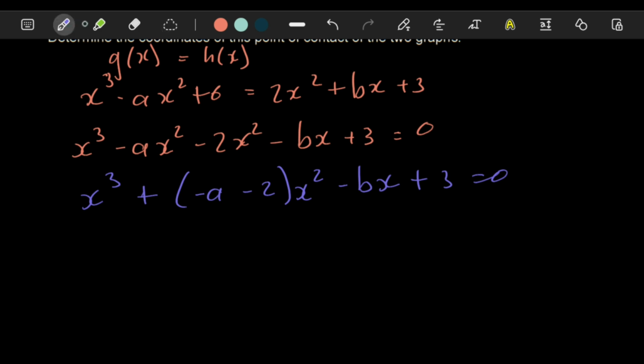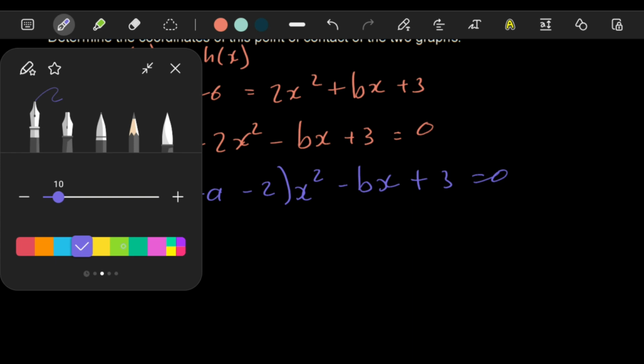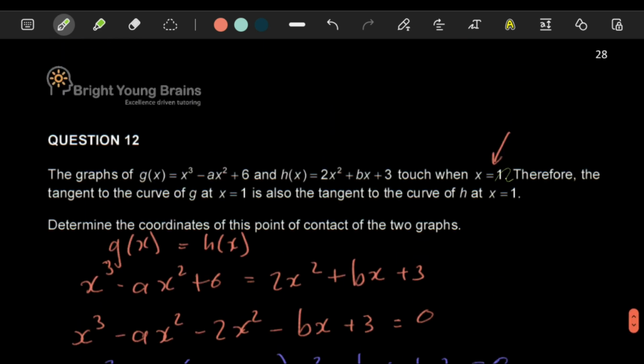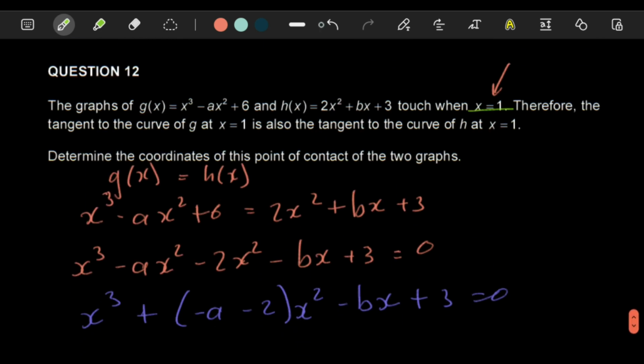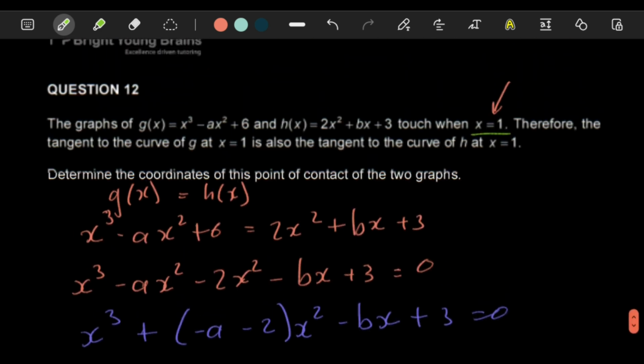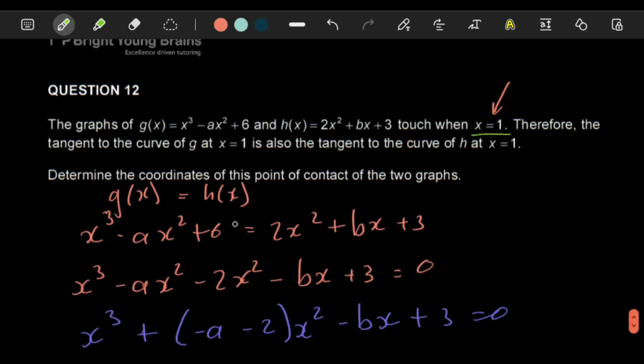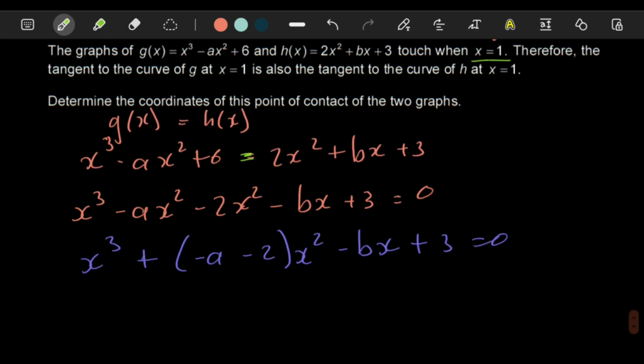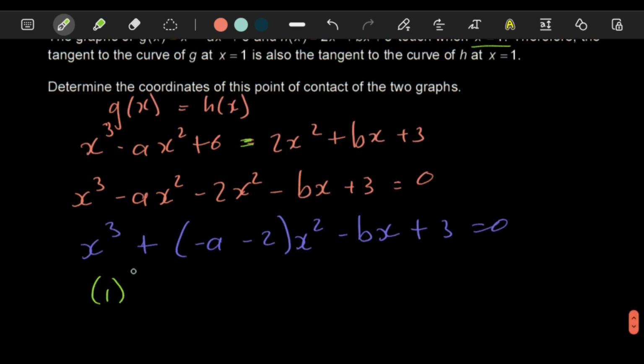So with this being done, they told us that these graphs meet when x is equal to a positive 1. So it just means that if you throw a positive 1 in here, it's a point where the graphs meet, you see. So remember, this being equal to this, they meet where x is a 1. So where x is a 1, that's where the graphs meet.